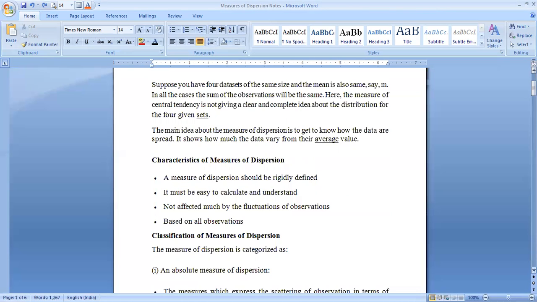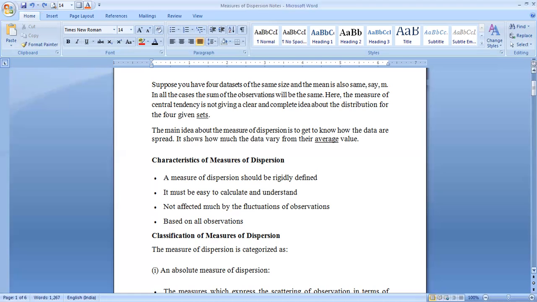So these are the four important characteristics of measure of dispersion. First, a measure of dispersion should be rigidly defined, and second, it must be easy to calculate and understand. Third, not affected much by the fluctuations of observations, and fourth, based on all observations.